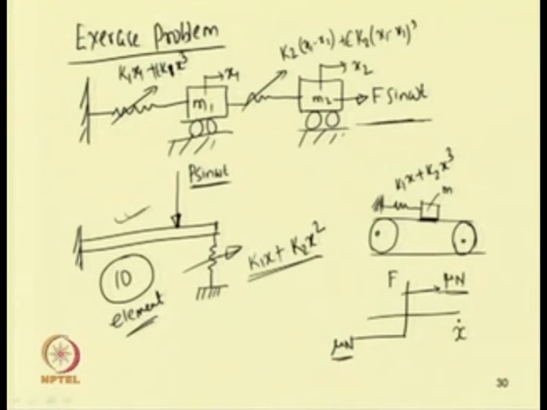At x dot equal to 0, or when x dot changes its sign, this changes from minus mu n to plus mu n. So, the system will have a cubic nonlinearity in the spring, and also a nonlinearity due to this damping. This damping force F(t) can be written as mu n signum x dot.